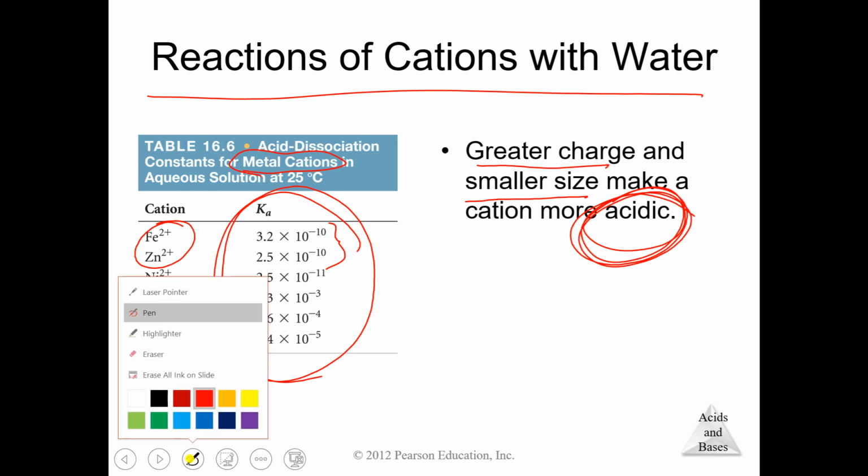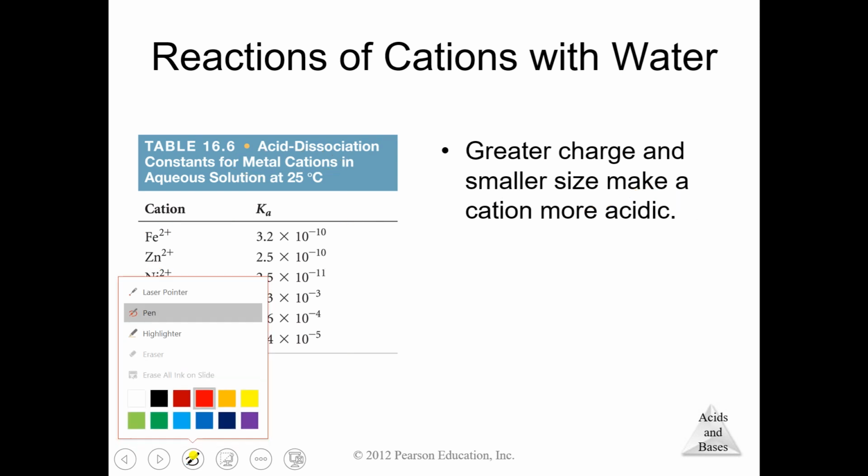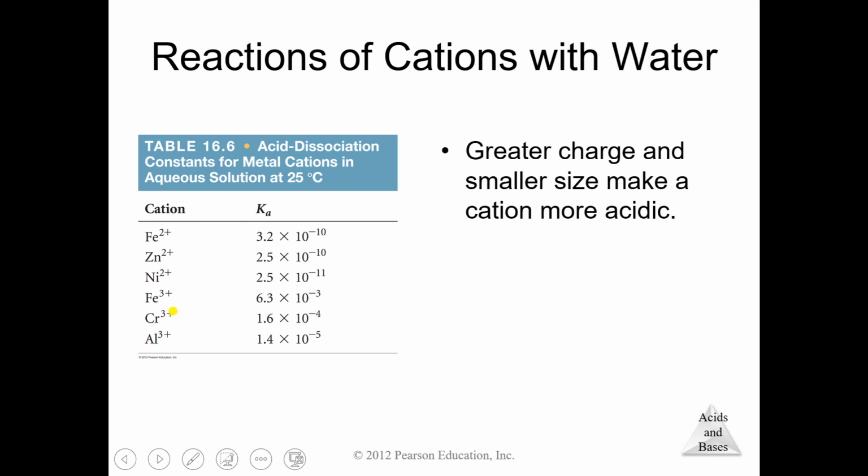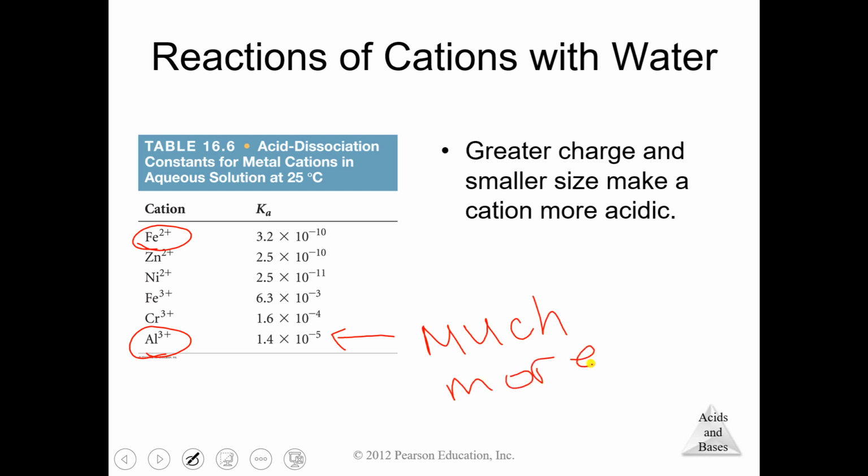But if I were to compare just iron 2+ with aluminum 3+, you will see that this Ka is much closer to 1, so it's much more acidic, for a couple of reasons.